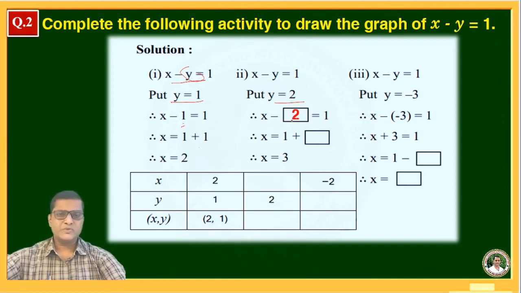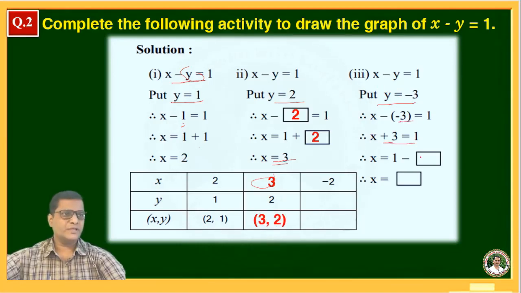Then this minus 2 is there, if we transfer it, it will become plus 2 and addition is 3, already given. Here what is the value of x? The value of x is 3. Therefore, the coordinates of the point are 3, 2. In the same way, here the value of y is minus 3 given, here minus 3, and this 3 plus 3 is there.